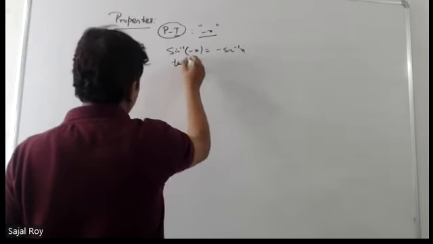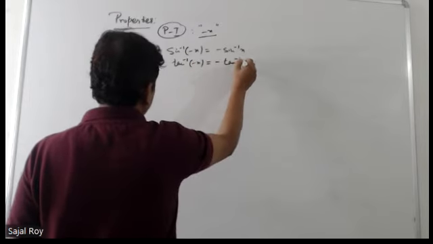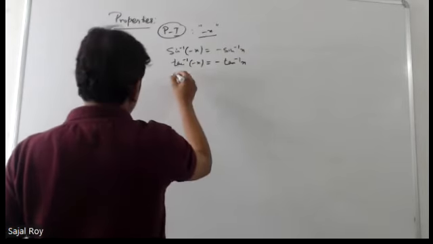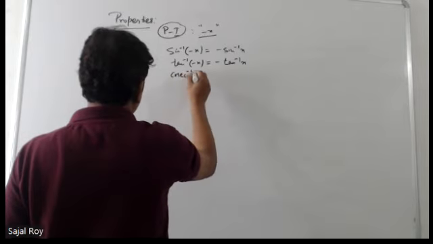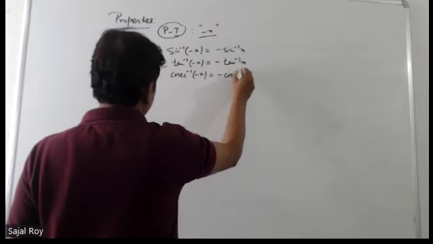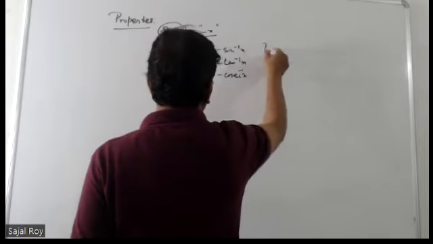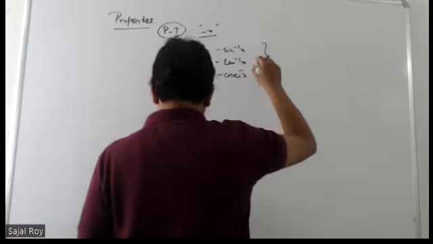Tan inverse of minus x is minus tan inverse x. And cosec inverse of minus x is minus cosec inverse x. Because these are all symmetric.